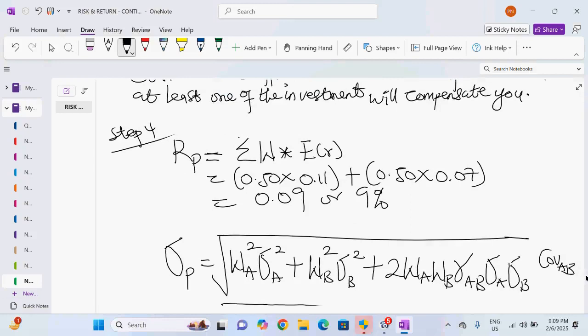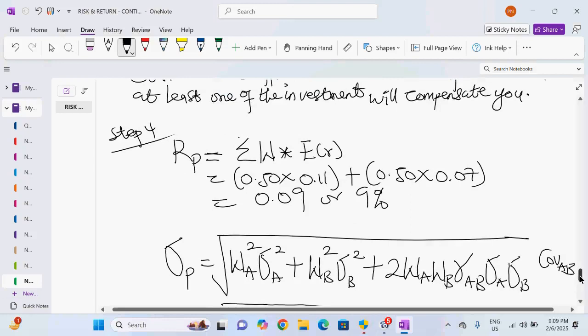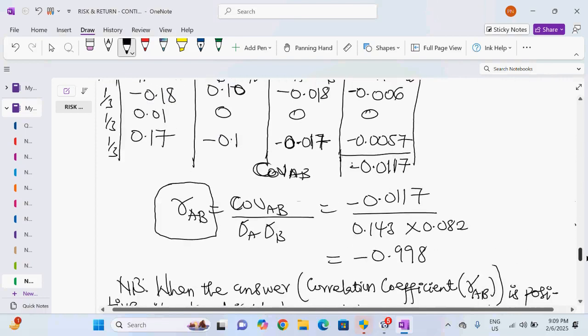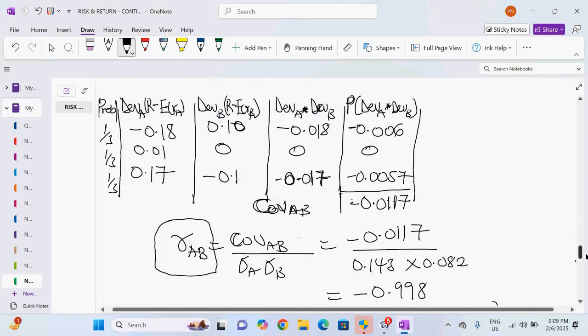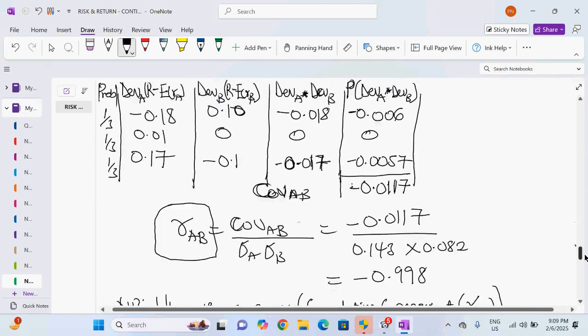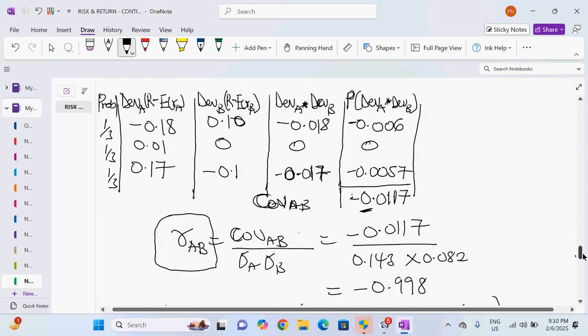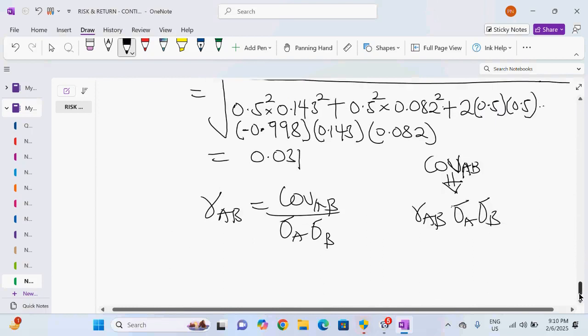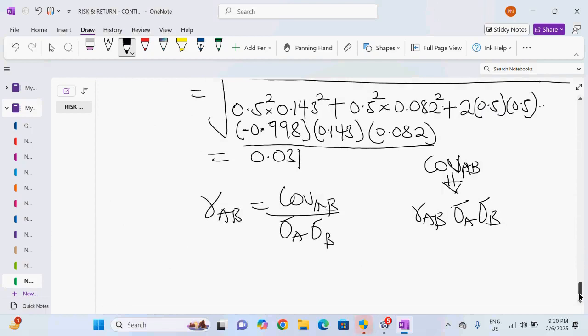You've already computed cov AB, negative something. So let's multiply the whole of this and see whether you are getting the same answer.